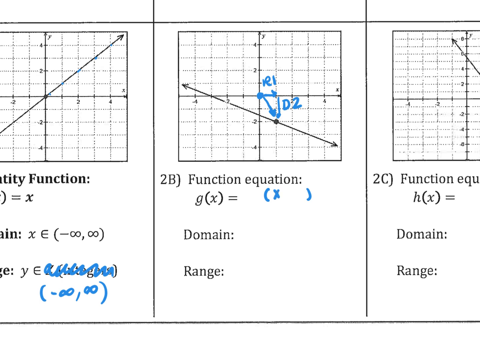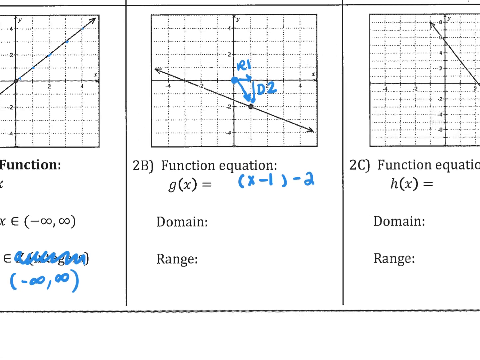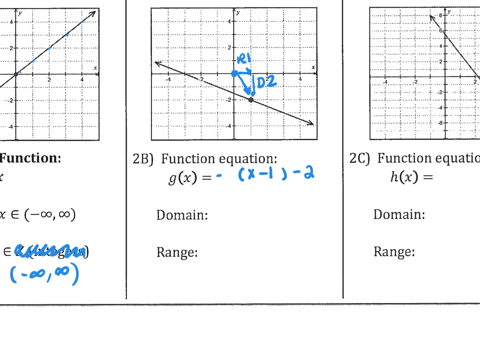So to the right one would be -1, and down 2 would be -2 out here. The left-right, remember, goes in opposite, doesn't it? Now, this thing is supposed to go up from left to right, isn't it? It is not. It's now going down from left to right, which means instead of a positive in front, we're going to put a negative in front, because it is flipped over, isn't it?